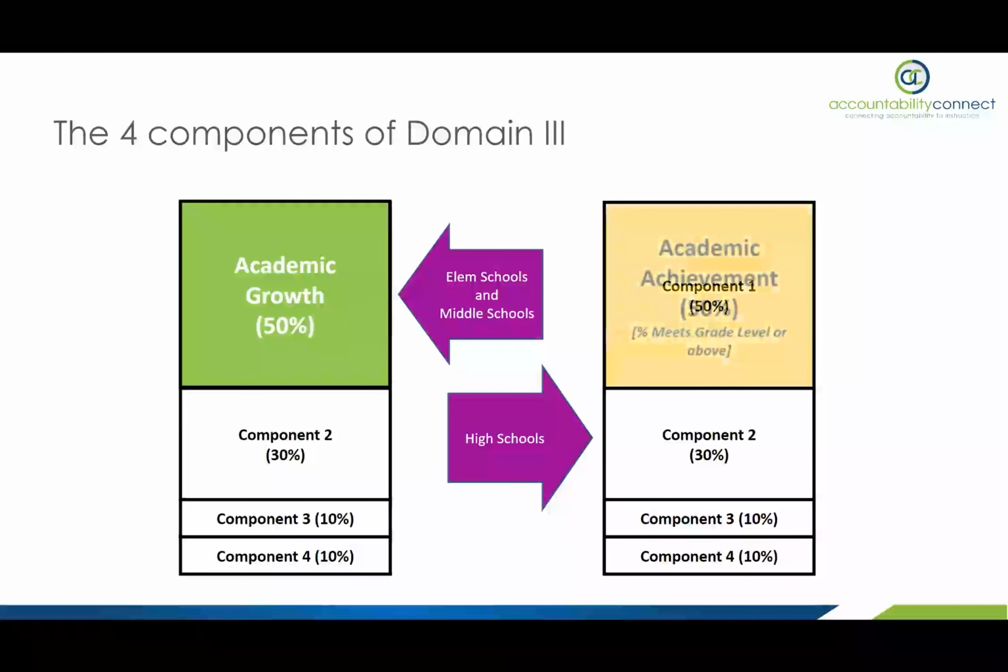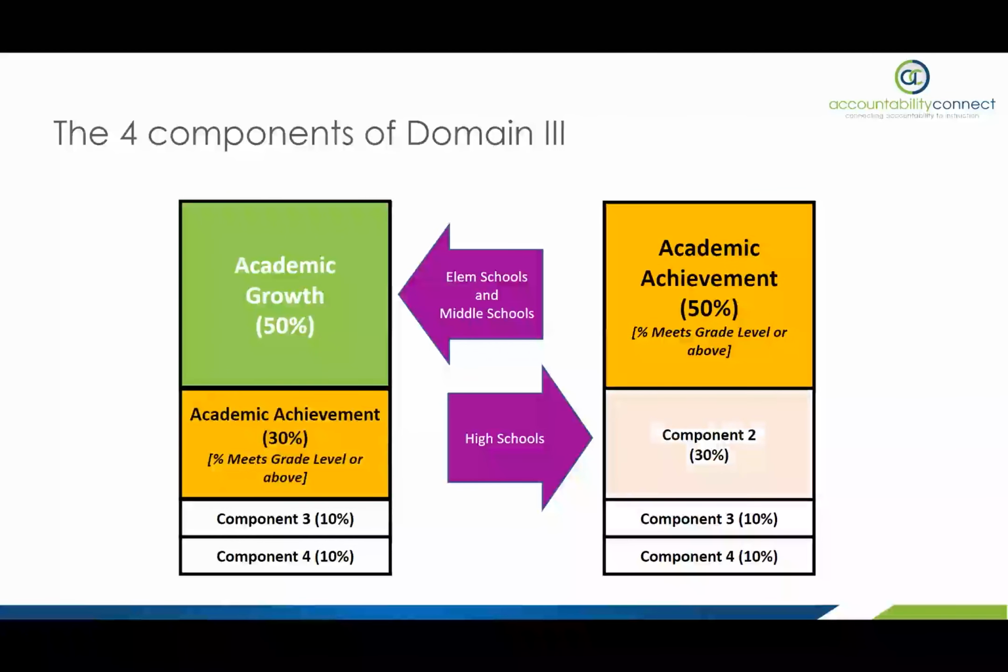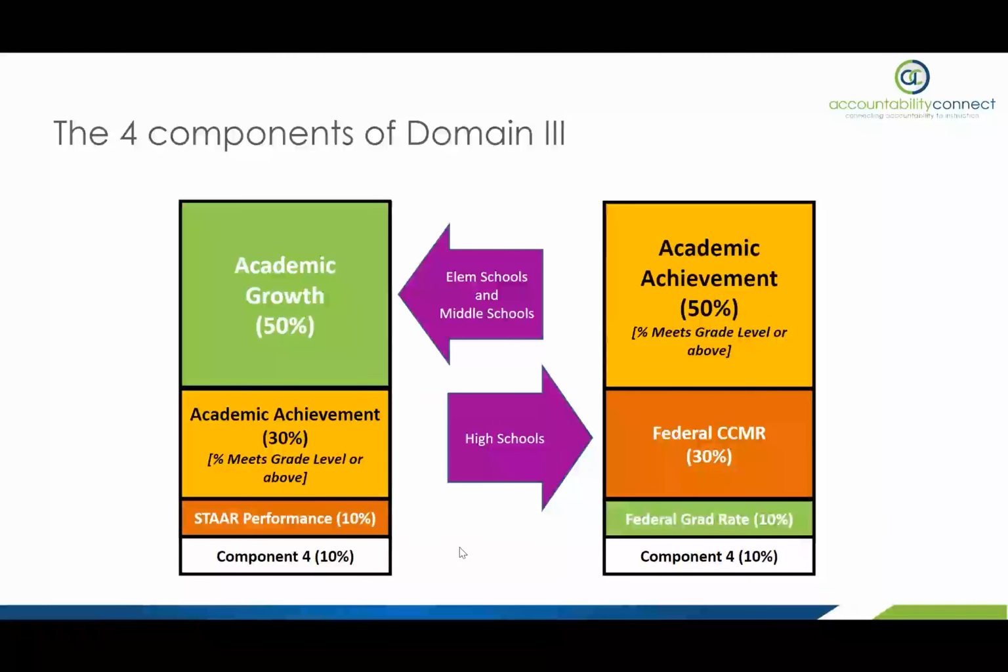For elementary and middle school, the largest piece is your academic growth. For high school, the largest piece is your academic achievement, the percentage of students who score at meets grade level or above in both the reading and math tests. Elementary and middle school academic achievement is next on the list.